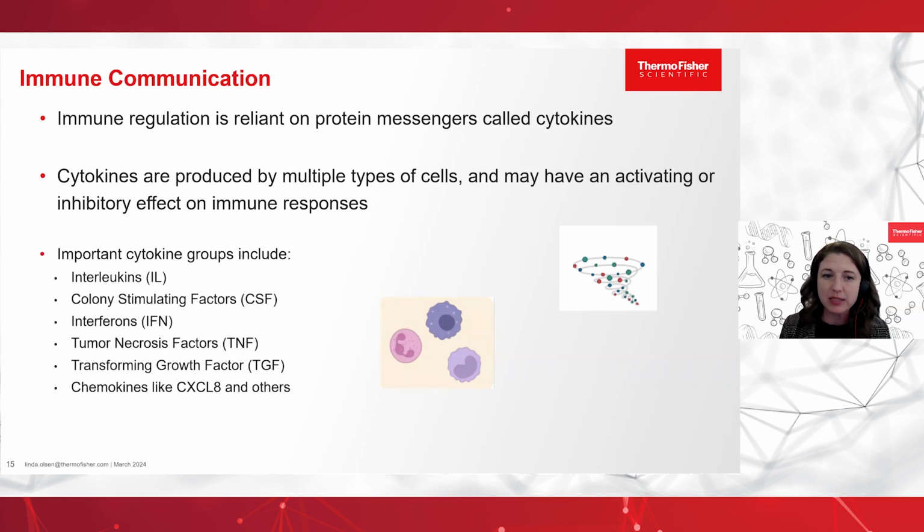Important cytokine groups include interleukins, colony stimulating factors, interferons, tumor necrosis factors, transforming growth factors, and chemokines like CXCL and others. These cytokines can have effects on the immediate cells around them, cells at some distance, or cells and systems at a great distance from them.